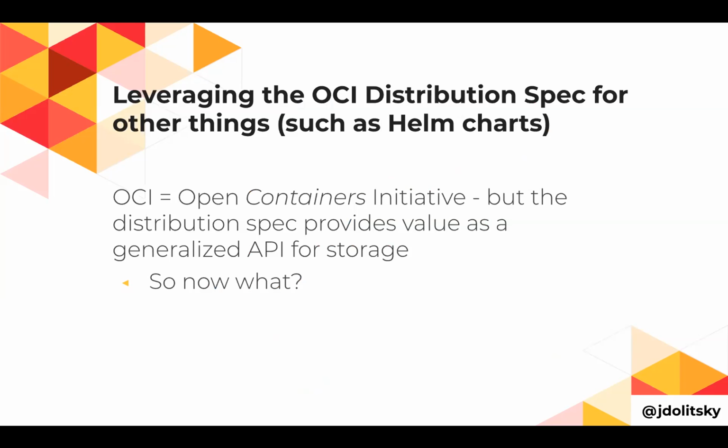Over the last year there's been a timeline that has encouraged people to use that API to store specifically Helm charts, but there's talk about all sorts of different artifact types. It has become a more generalized API for storage, not just for container images, even though technically OCI has container in the name, so it's a little misleading.